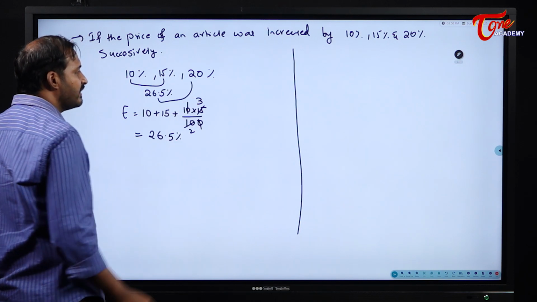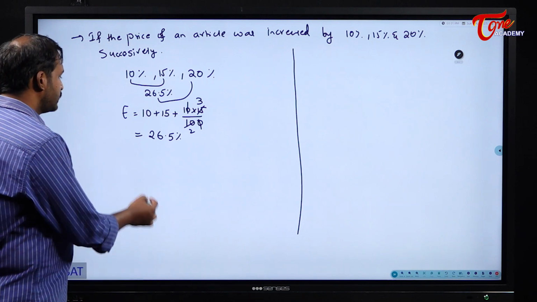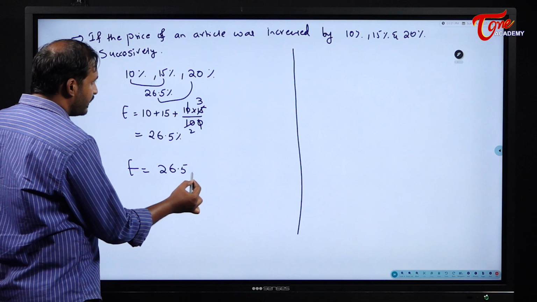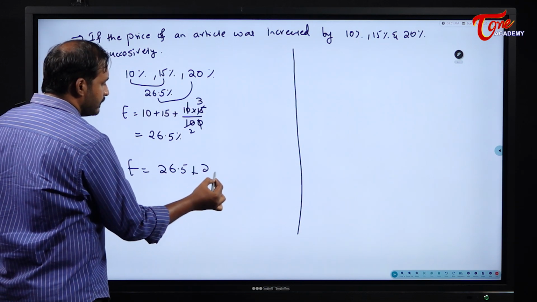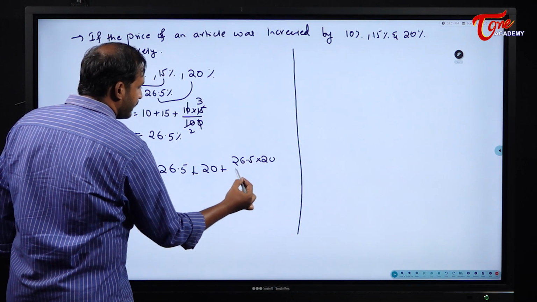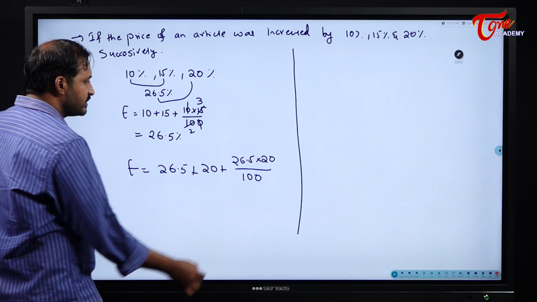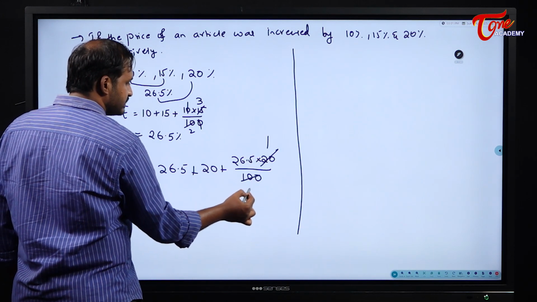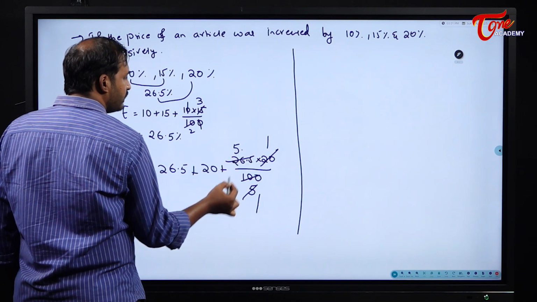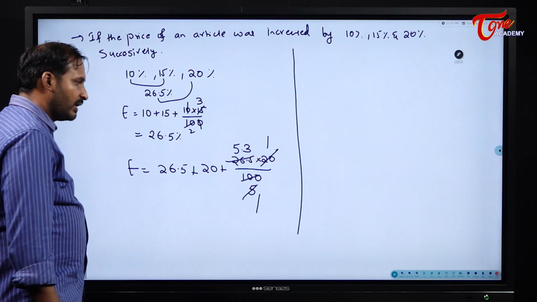And then you need to find the effective percentage between 26.5 and 20. So the effective percentage will become 26.5 plus 20 plus 26.5 into 20 by 100. Understood? Now 2 ones are 2, 5 5s are 25. 0.15 means what, it will become 5.3.